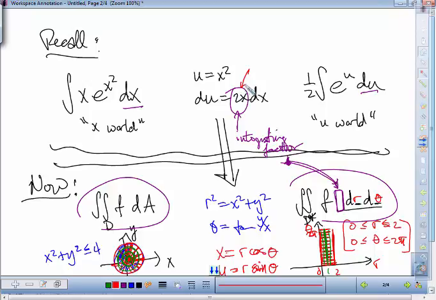We always have to consider the derivative of the function substitution we're doing. To figure this out, we need the Jacobian. Jacobian to the rescue. We can think of this as a Jacobian for one dimension, and this would be the Jacobian for two dimensions. And we'll probably see a Jacobian for three dimensions.